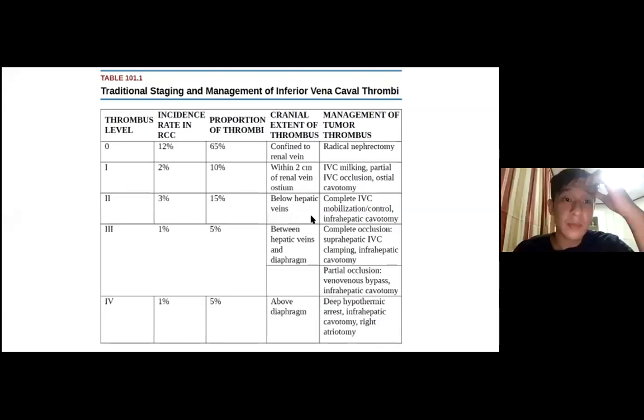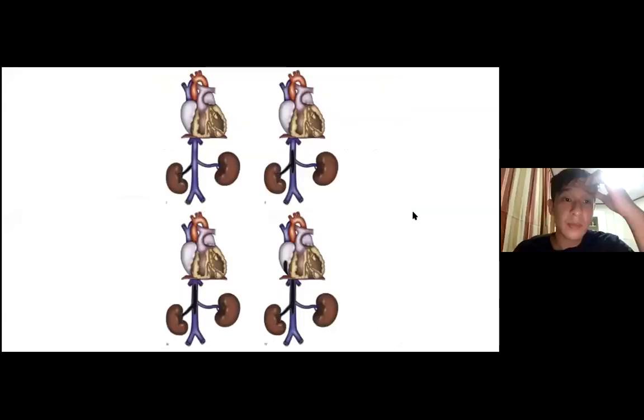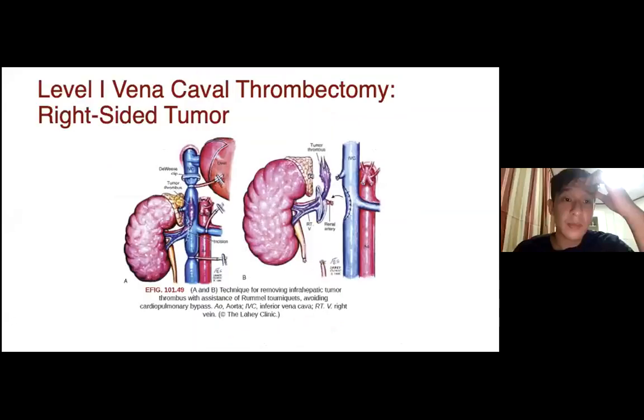For a right-sided tumor, the renal veins in the suprarenal IVC and the left renal vein are identified and ligated.